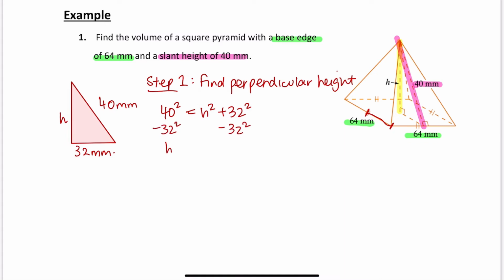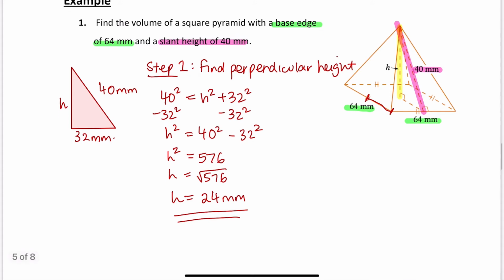So we have h squared equals 40 squared minus 32 squared. 40 squared minus 32 squared is 576 in the calculator. And don't forget to square root that to get the final perpendicular height, which is 24 millimeters. So that's our perpendicular height.